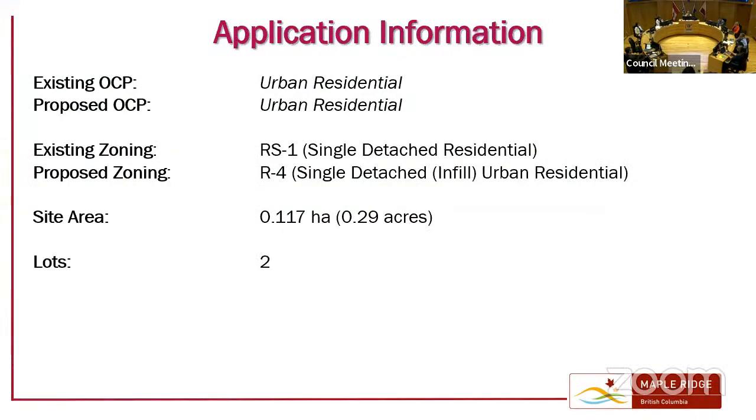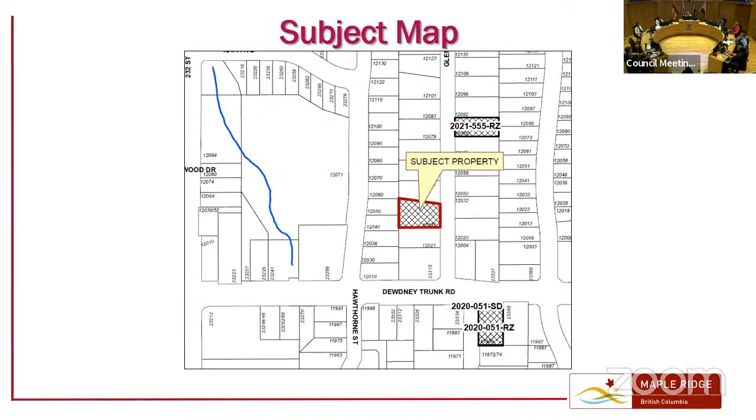The purpose of this application is to rezone the property from RS1 single detached residential to R4 single detached infill urban residential to allow the future subdivision of the property into 2 R4 lots. The subject site is outside of the community plan area and is surrounded by single family residential zoned RS1 to the north, south, and east, as well as properties zoned RS1B to the west, including the smaller lot subdivision.